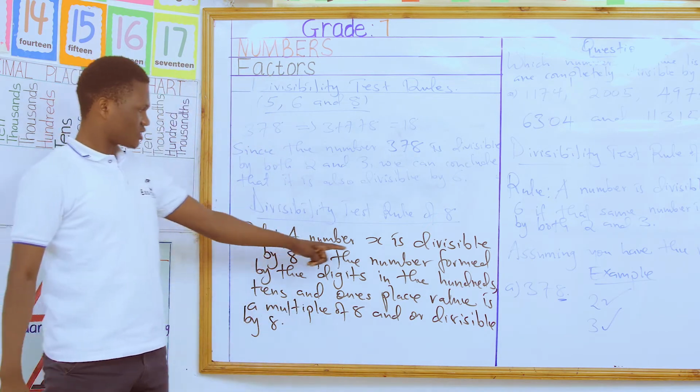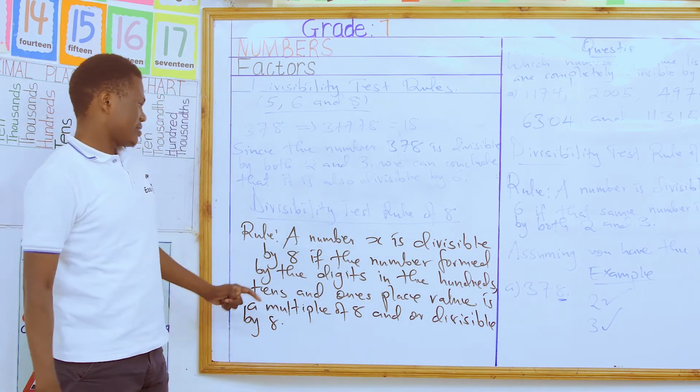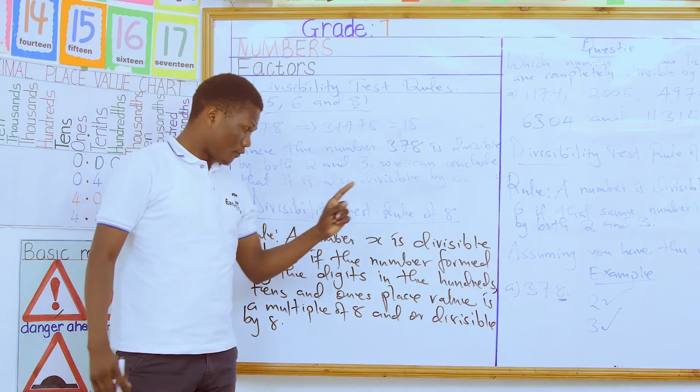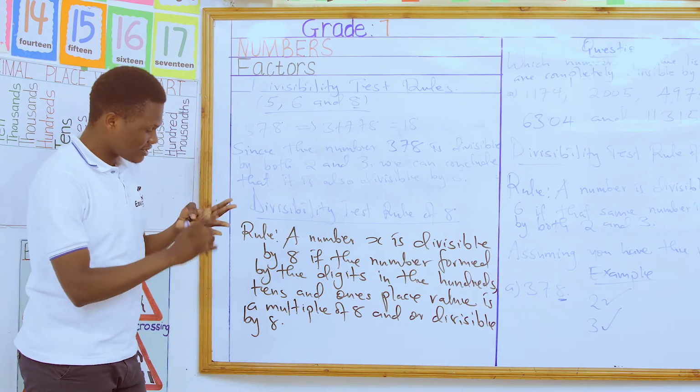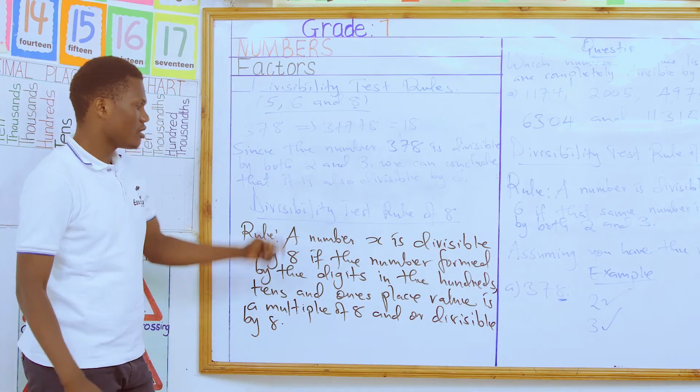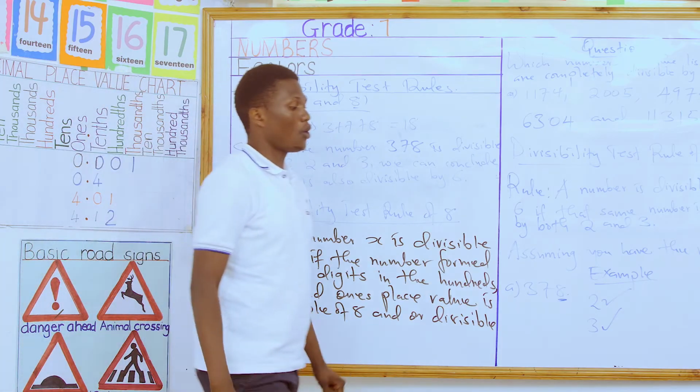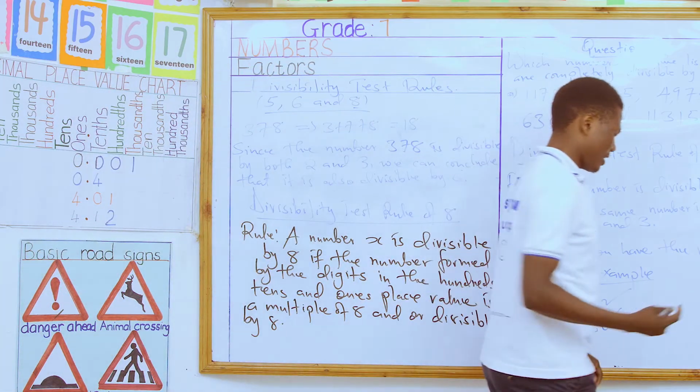So for a number x to be divisible by 8, then the number that is formed by the digits in the hundreds, tens, and ones place value must be a multiple of 8 or is divisible by 8.